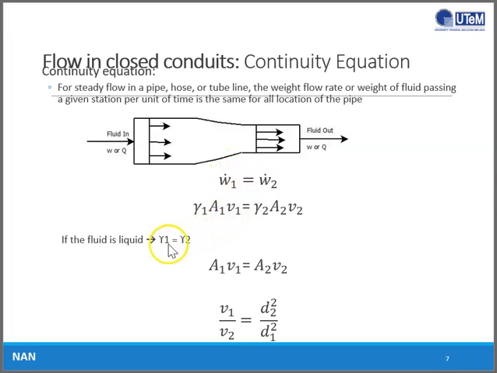And if the fluid is liquid, so γ1 equals γ2, so we get area 1 times velocity 1 equals area 2 times velocity 2. Okay, and this is the ratio of velocity 1 over velocity 2 equals diameter 2 squared over diameter 1 squared.